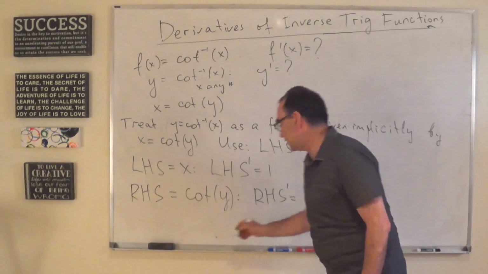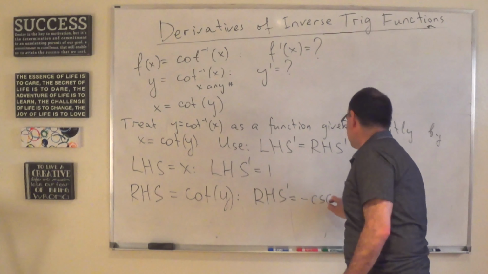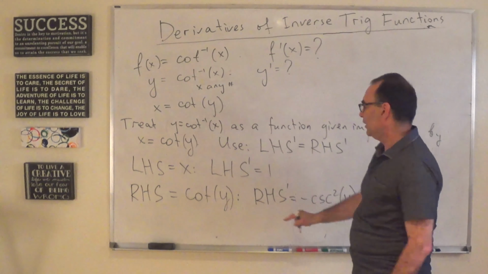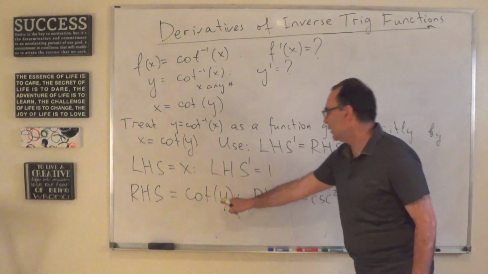So the derivative of cotangent is negative cosecant squared, so it will be negative cosecant squared of y, but then we need to multiply times the derivative of y, times y prime.